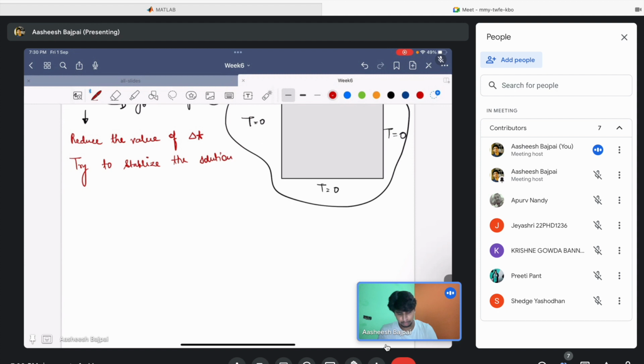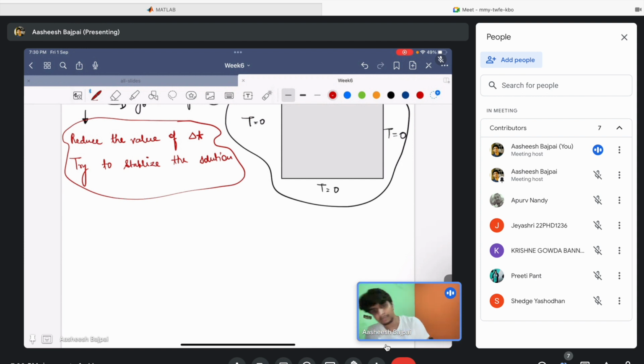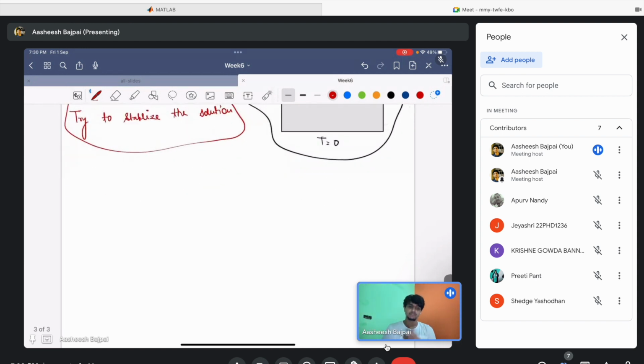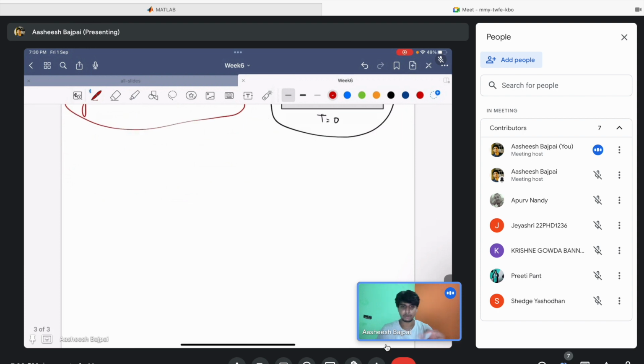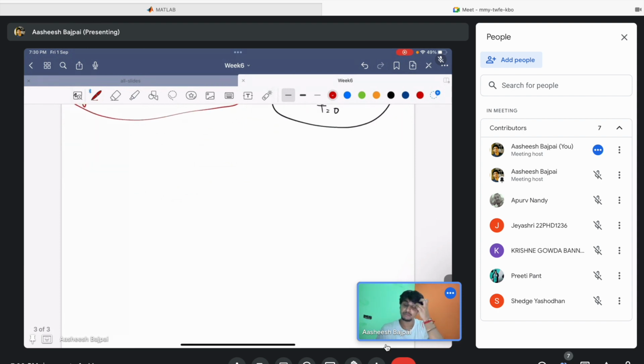Stabilize means you want to get a correct solution, so you need to reduce the delta t. Accordingly, your CFL number will change, and your delta x can be increased. Those are all dependent, and they are based on some kind of experience as well.